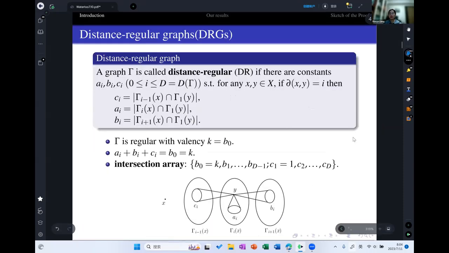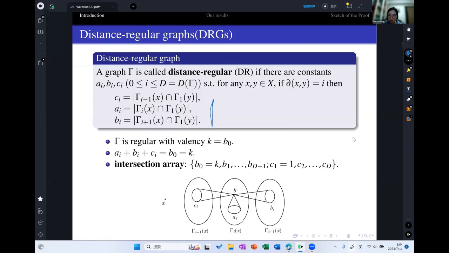Then we can see distance regular graphs. A graph gamma is called distance regular if there are constants a_i, b_i, c_i such that for any two vertices x, y at distance i, we have this. We can see this picture.